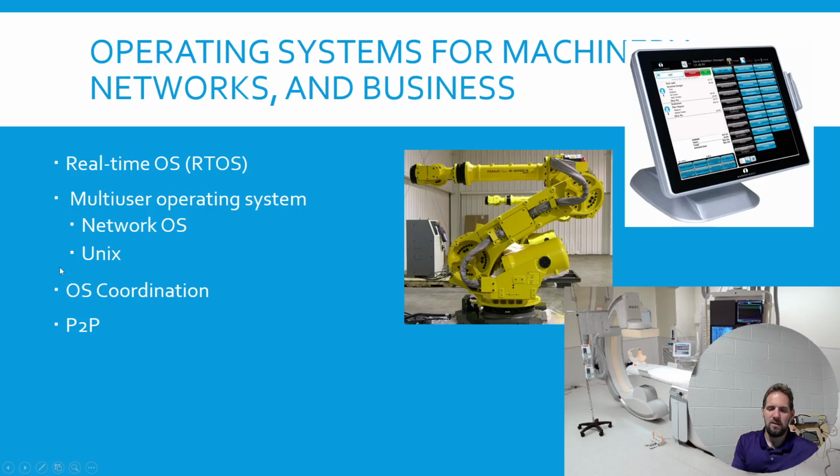So instead of having to use a server to do all the hard backend work, it's just like, well, I have this Windows computer connected to this printer, and you have that Windows computer connected to that printer. If I want to print to your printer, I will send it to your computer and your computer will print for me. Whereas if you have a server running and connected to all the printers, then you send your information to the server, which then spits it out to each printer. So it's kind of the same thing, but slightly different because you don't have one server device. Everyone is an equal opportunity person.